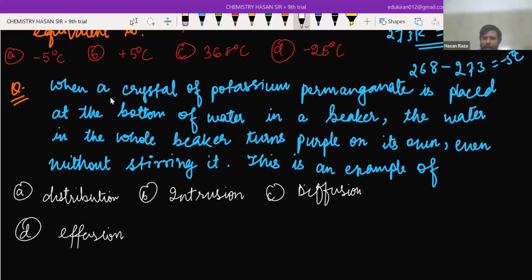Someone enters. Or in chemistry, some particles enter abruptly. Okay.